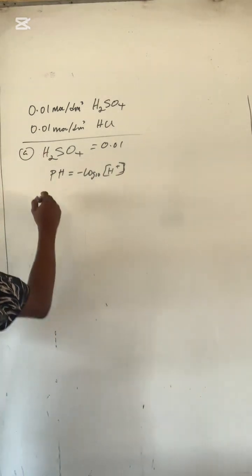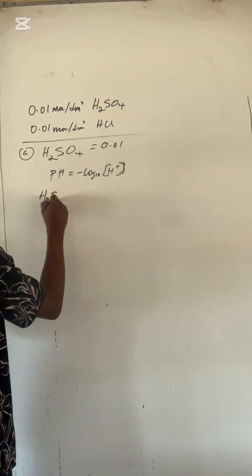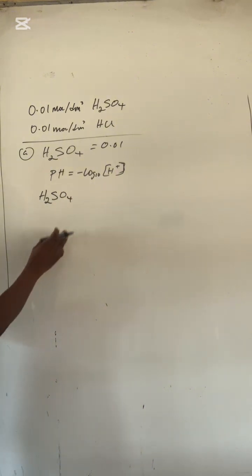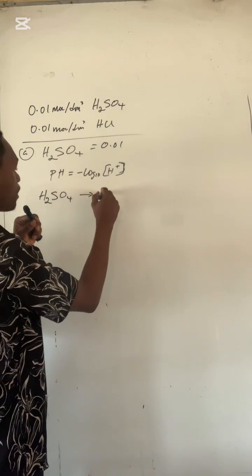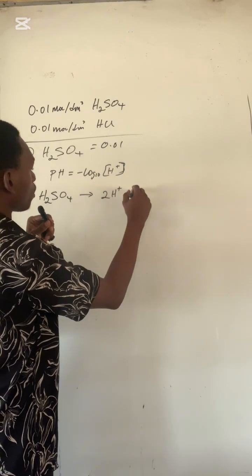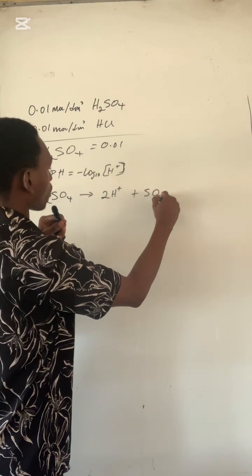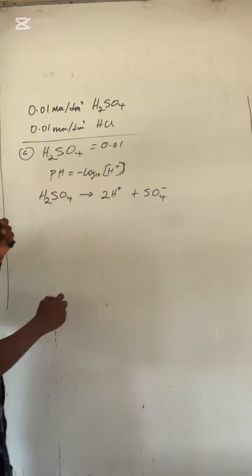Very easy. We know that when we ionize H2SO4, since it's a dibasic acid having two hydrogens, we get two hydrogen ions and the corresponding anion.